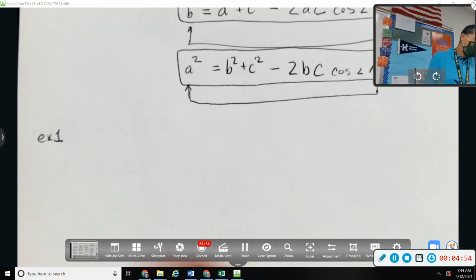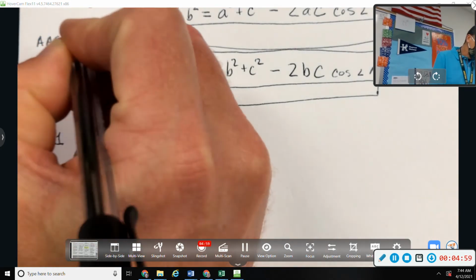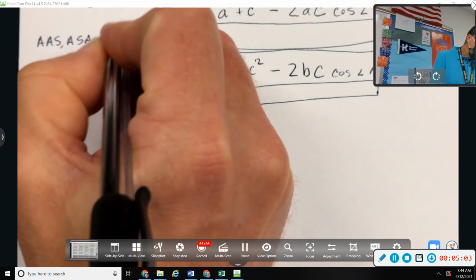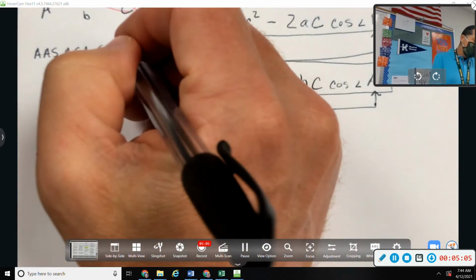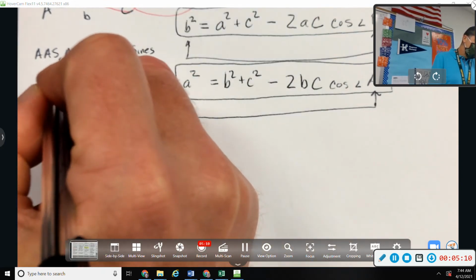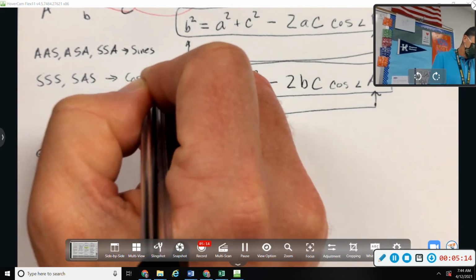Let me say this ahead of time. Those were the cases that led to law of sines. These are the cases that lead to law of cosines.